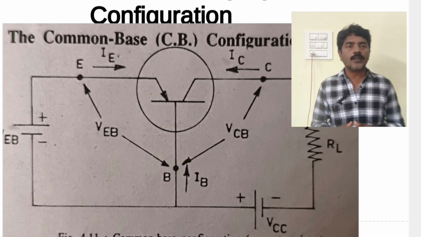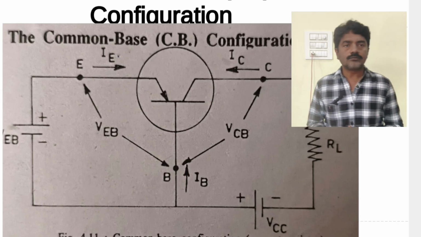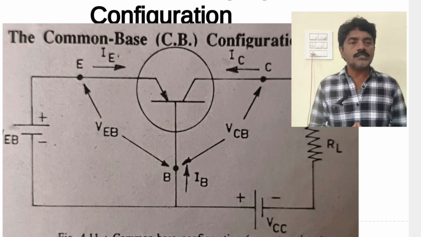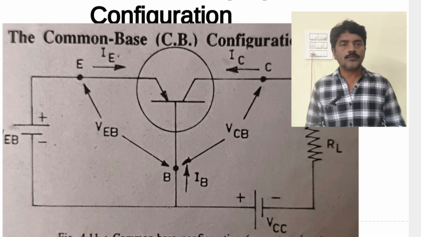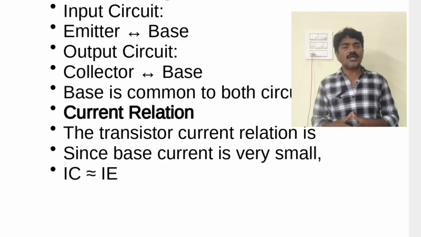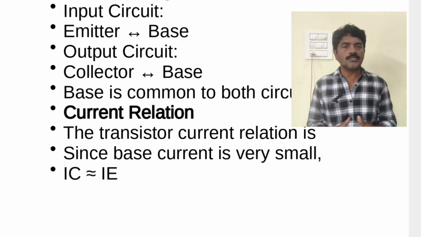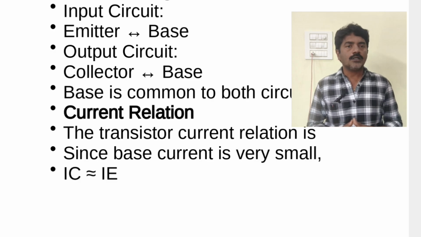This is the circuit diagram. RL is the load resistance. Emitter-base is the input circuit, collector-base is the output circuit, and base is common to both circuits.